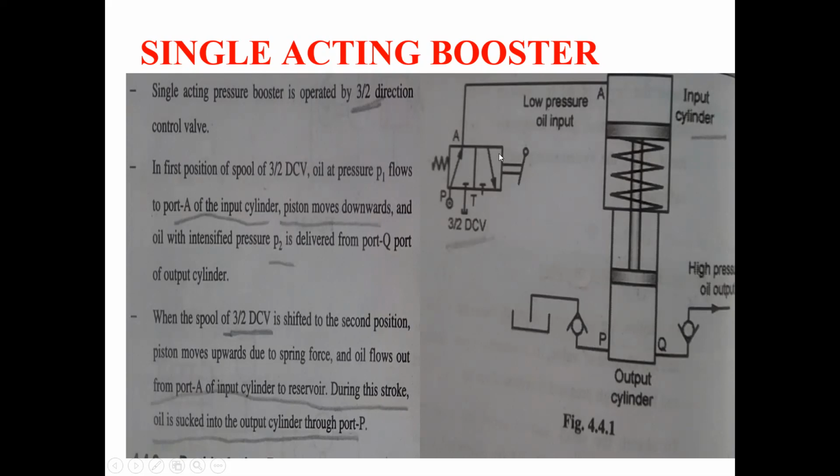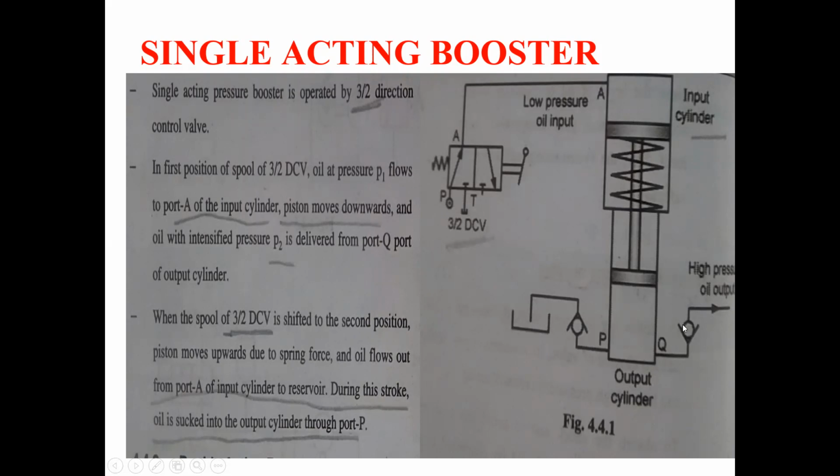In that position, the pump is shut here, and the oil present in that input cylinder is returned by this line, and the piston moves upward due to the spring force, and oil flows out from port A. During this stroke, oil is sucked into the output cylinder, and the cycle continues again.